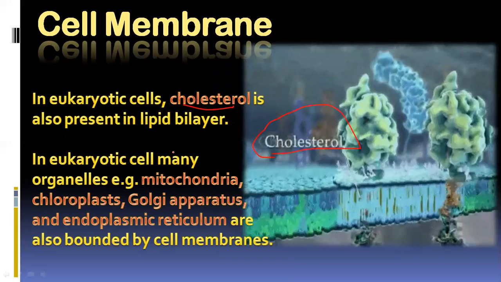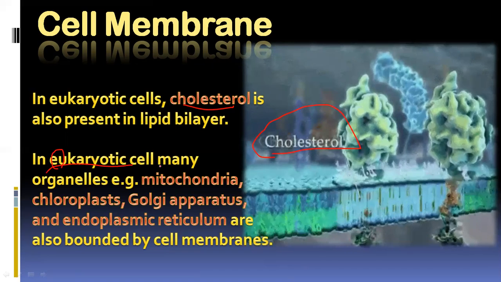Okay, so if we talk about the eukaryotic cell, do you know the eukaryotic cell? Eukaryotic cell is that cell in which a proper nucleus is present. That is opposite to prokaryotes. Eu means true, karyot means nucleus. A proper nucleus is present.